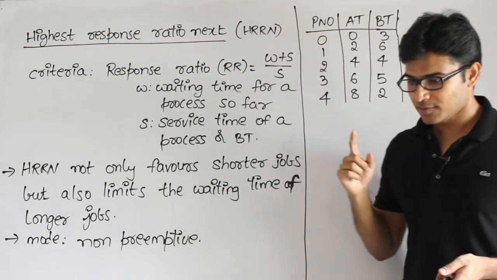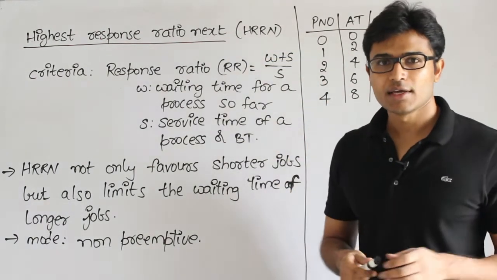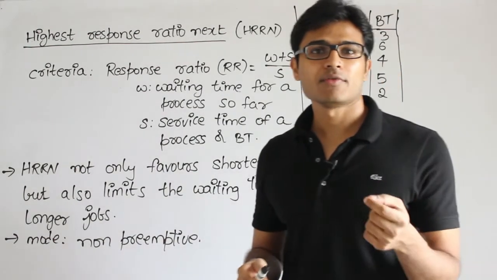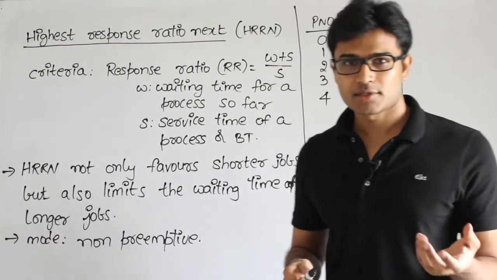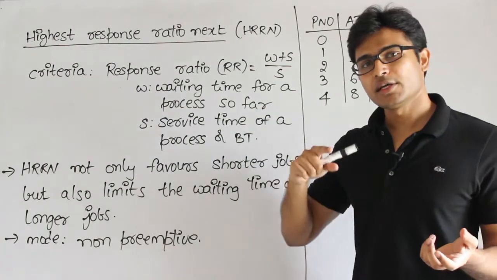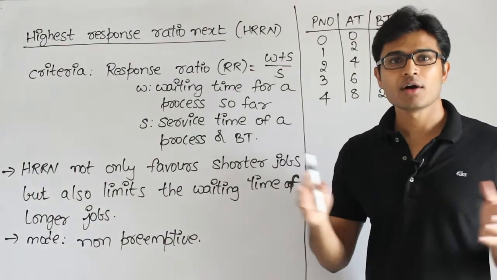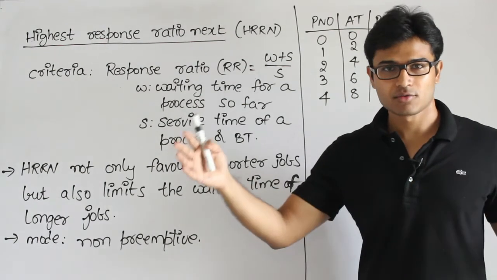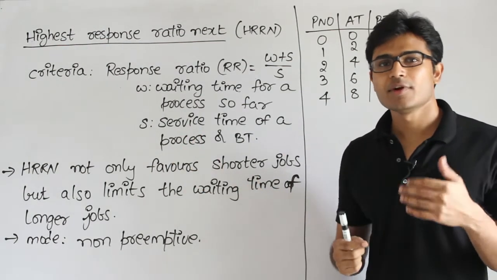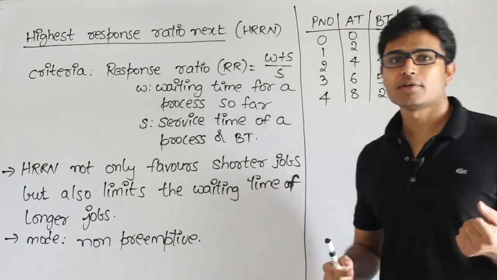The main difference between shortest job first and this one is that in shortest job first we were always taking the shortest possible job, but here we consider both the burst time and the waiting time. Which means if a job with a large burst time has been waiting for a long time, then that will also get scheduled.